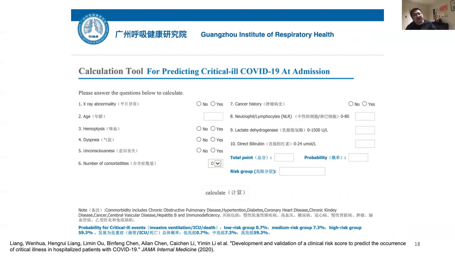As you can see, there are just 10 different features in the calculation tool. This is a web-based tool: after the clinicians see a patient and input all the information, it gives you a score indicating the risk of this patient becoming critically ill later on. This is a paper published in JAMA Internal Medicine.